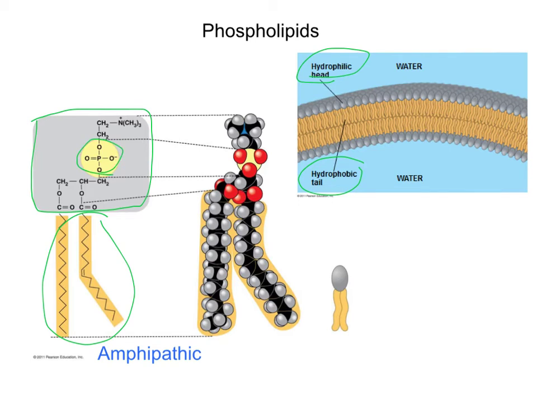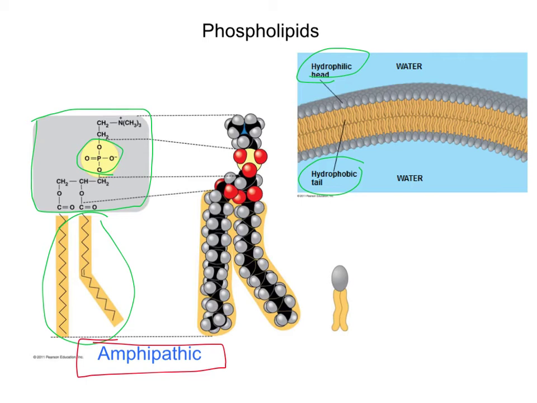But the tail, like we saw on the triglyceride, that fatty acid tail is a big long chain of carbons and hydrogens, and those do not really have a charge, they are nonpolar. So that makes this molecule what's called amphipathic. Amphipathic means that they have both hydrophilic and hydrophobic parts.